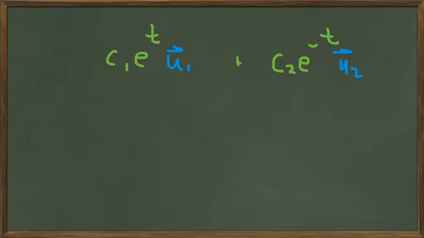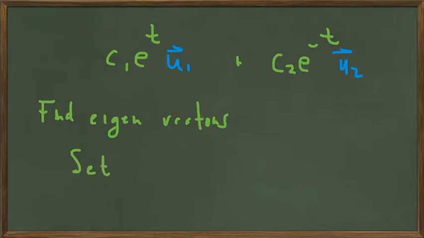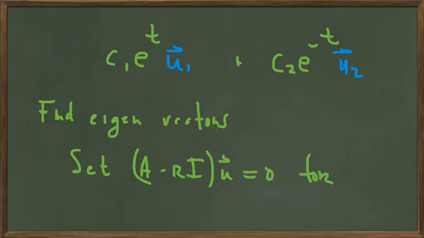So how do we find those eigenvectors? To do that, you're going to set A minus rI times the vector u equal to 0 for each r, which in our case is for r1 and for r2.